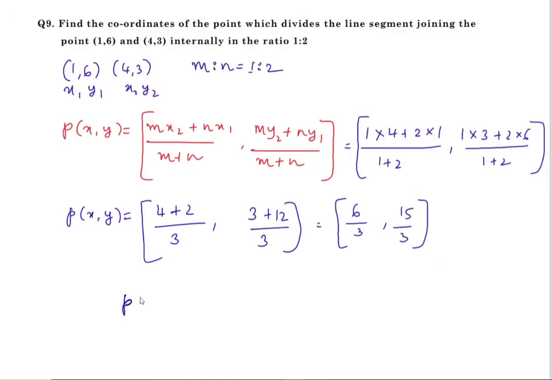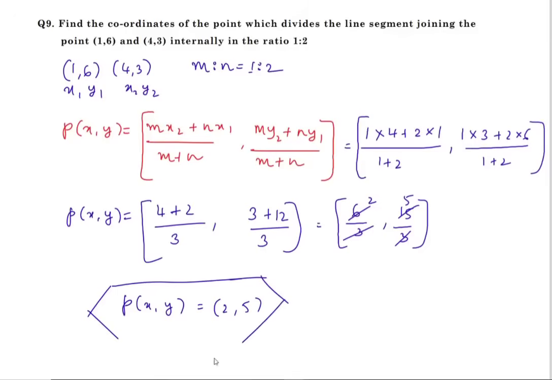What you get is 2 comma 5. The coordinates of the point P of x comma y is (2, 5).